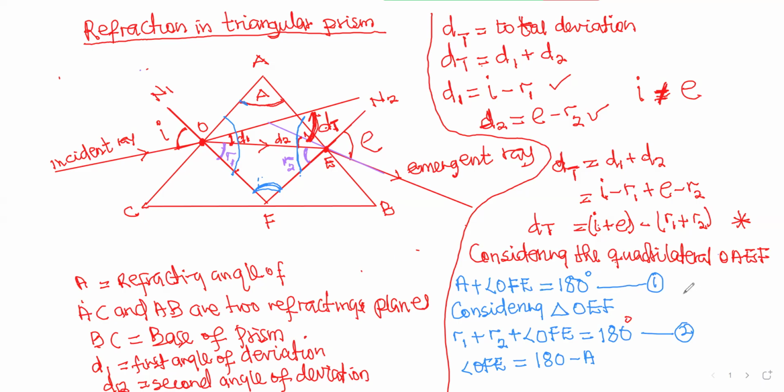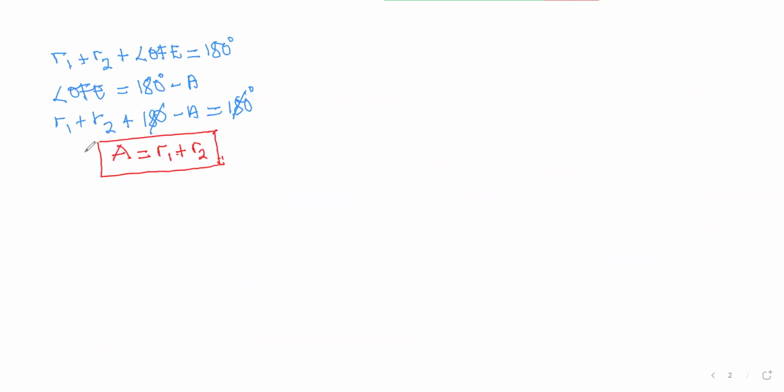You did that, and we got angle OFE equal to 180 minus A. Then substitute this into equation 2, meaning wherever you see angle OFE, substitute 180 minus A. We did that and saw that A will be equal to R1 plus R2. And this is very, very important.